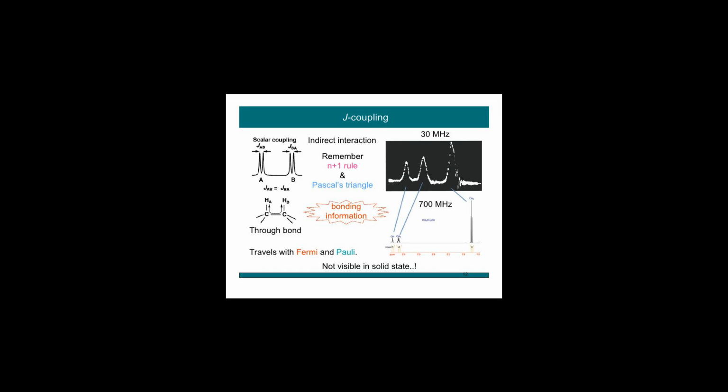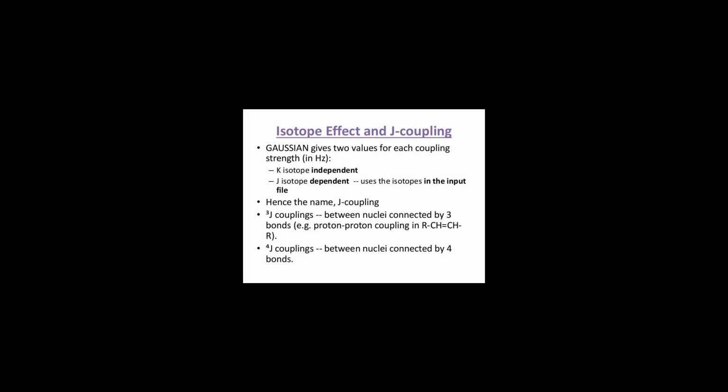To correct for the effect of the nuclear magnetic moment, or equivalently the gyromagnetic ratio gamma, the reduced coupling constant K is often discussed, where K equals 4π²J over h gamma x gamma y. The value of J also has a sign, and coupling constants of comparable magnitude often have opposite signs.